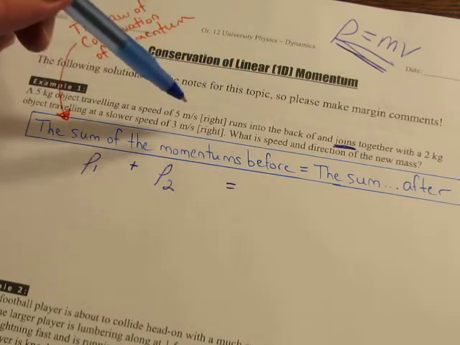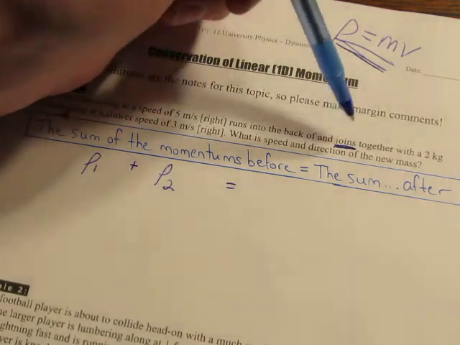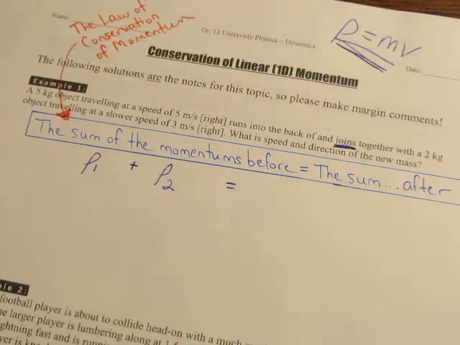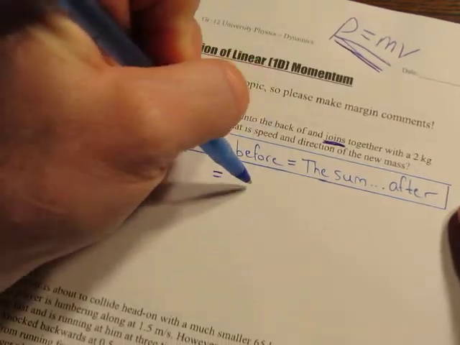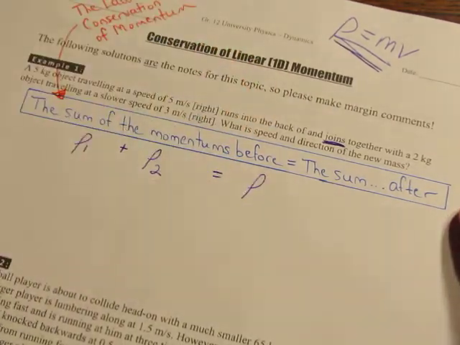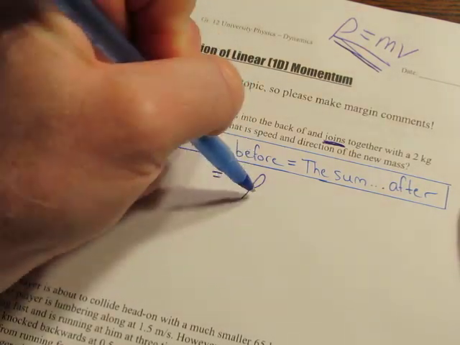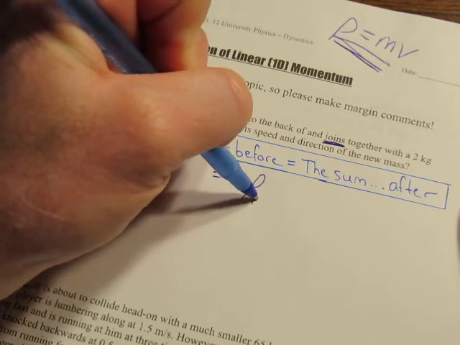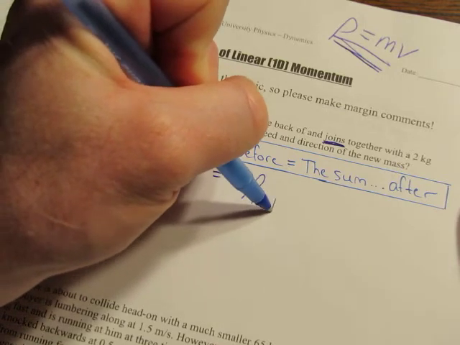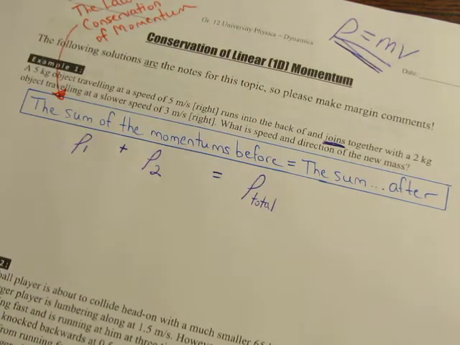At the end of this question, the 2 objects collide and they join. So on the other side of this equation, there's going to be a single object with a single momentum. And we can call that object 1, 2 if you want. When I was in university, we most often just wrote the word total, like one total package.